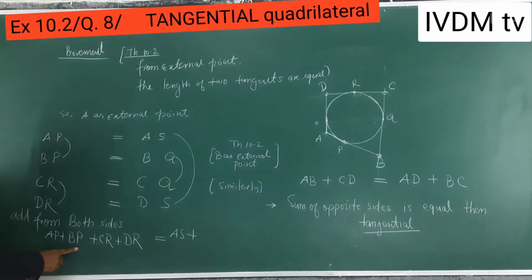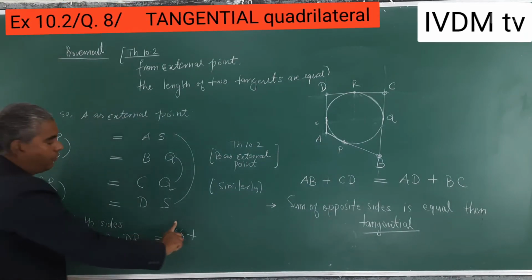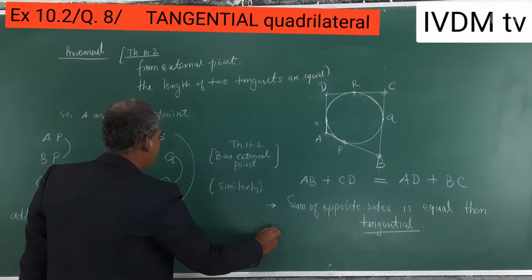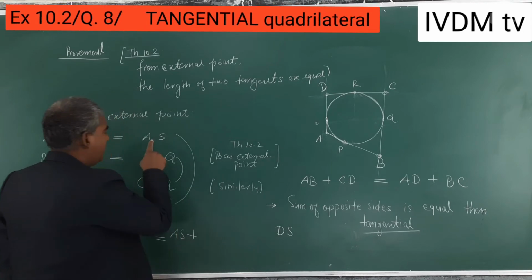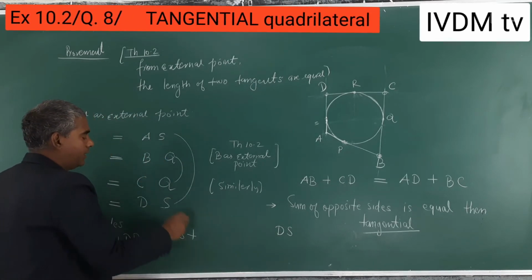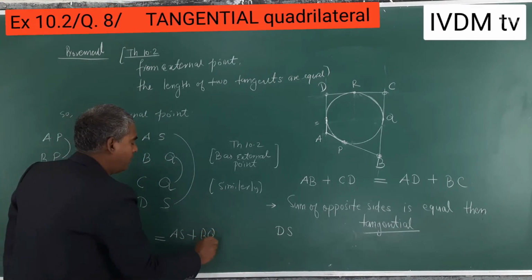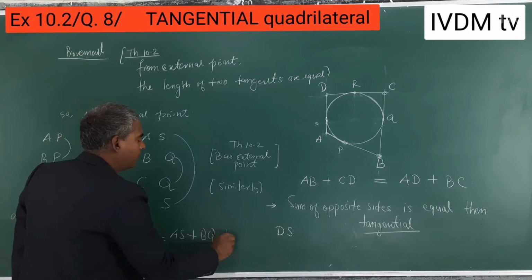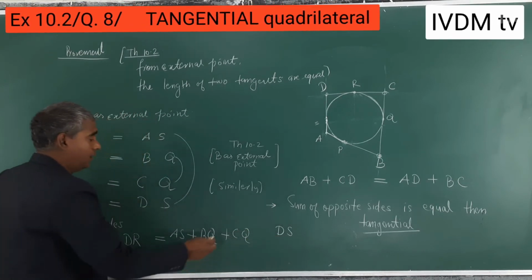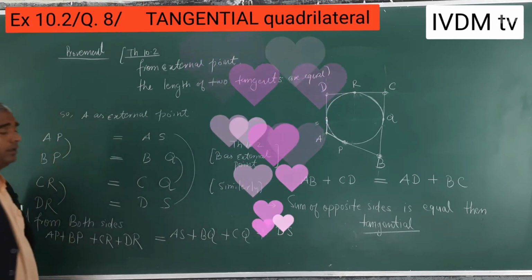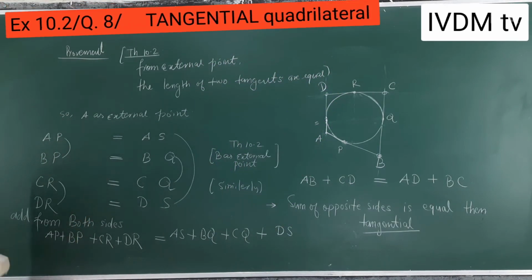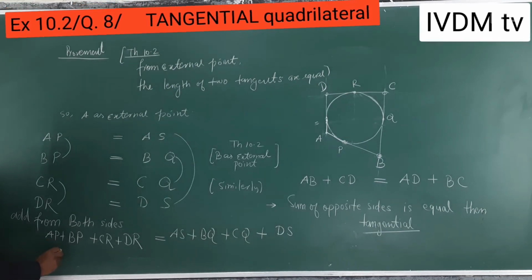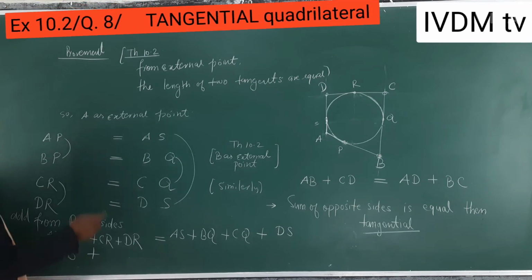My first, second, third, fourth. But here 1 and 4th, AS plus DS, then BQ plus CQ. Okay. So this is the important one. AP plus BP plus CR plus DR is equal to AB plus CD.